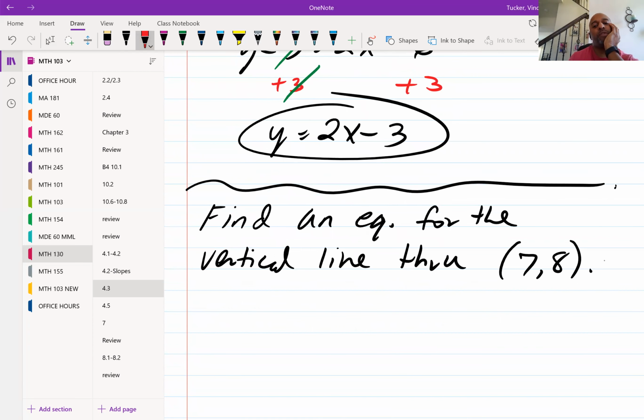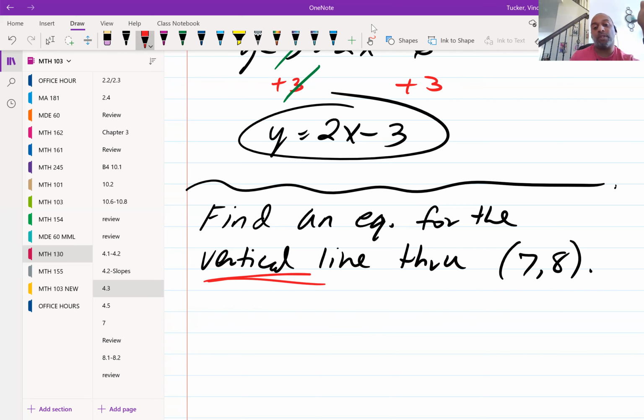Find an equation for the vertical line through 7, 8. The key word here is vertical.